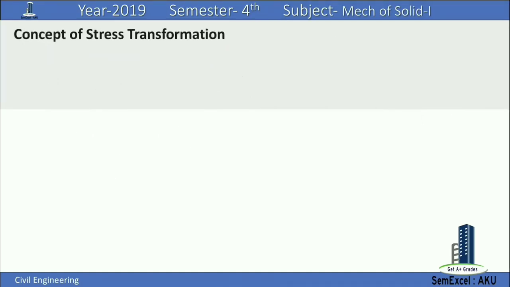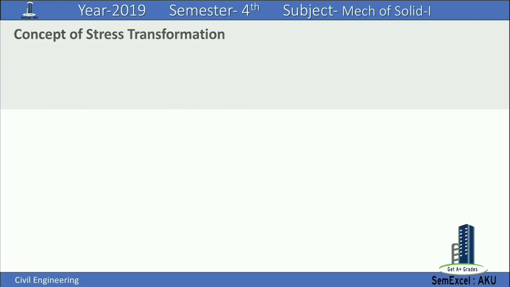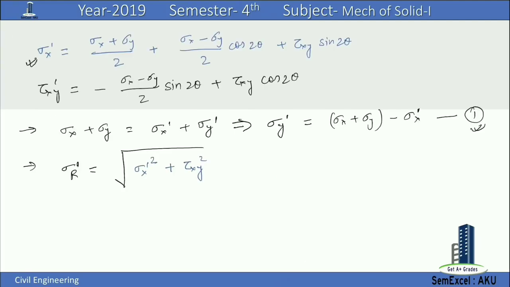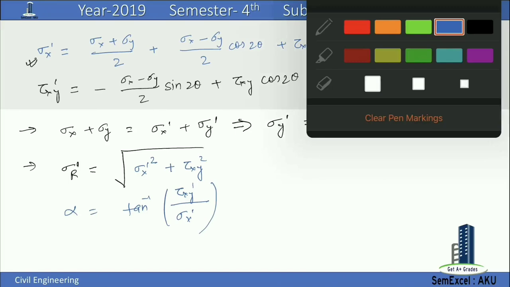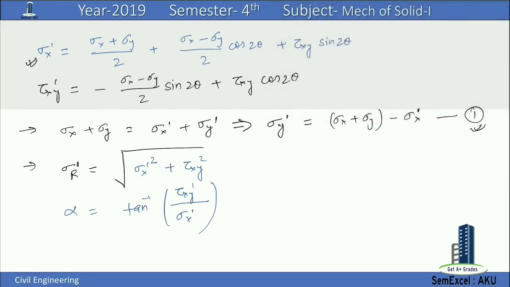And what is this angle alpha? This angle alpha will be equal to tan inverse of tau xy dash divided by sigma x dash. So using this formula we can solve all the problems of stress transformation.